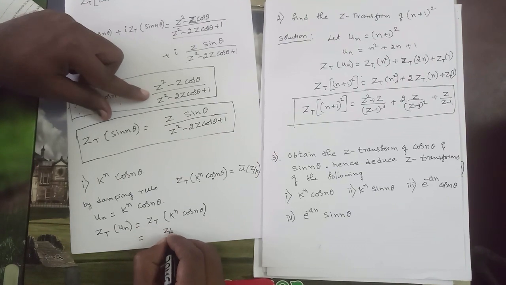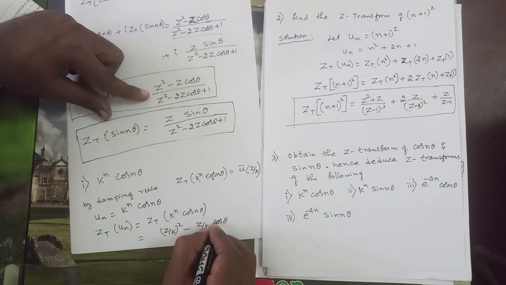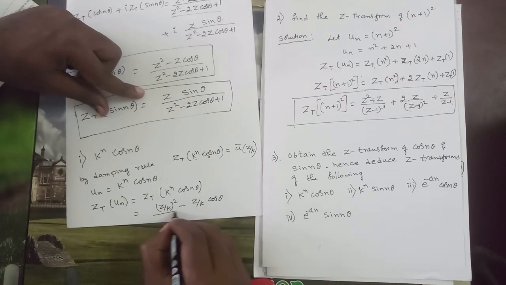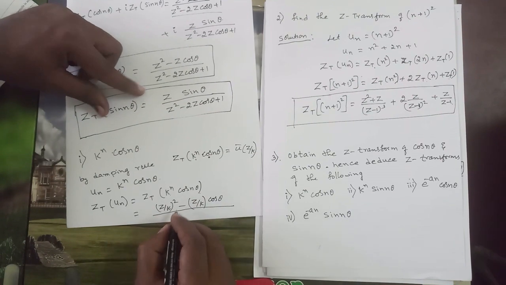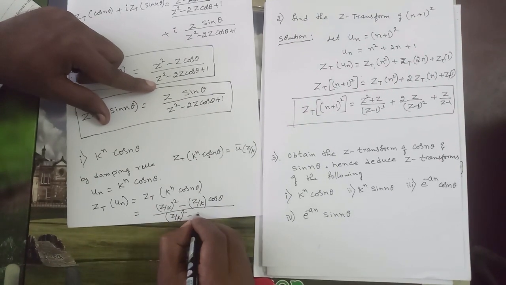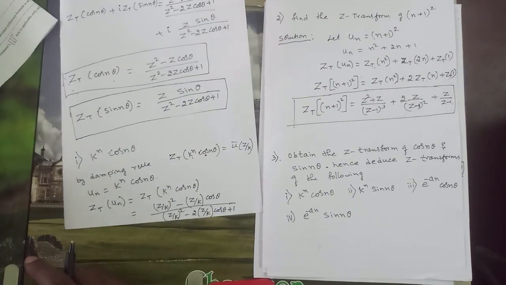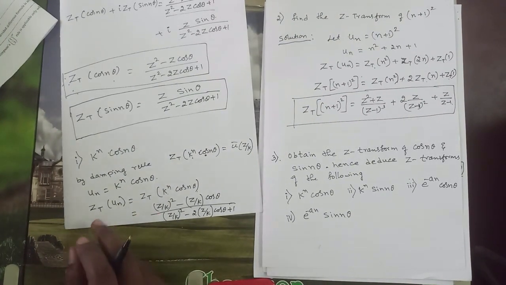Z by k whole square minus z by k into cos theta, whole divided by z by k whole square minus 2 into z by k into cos theta plus 1.